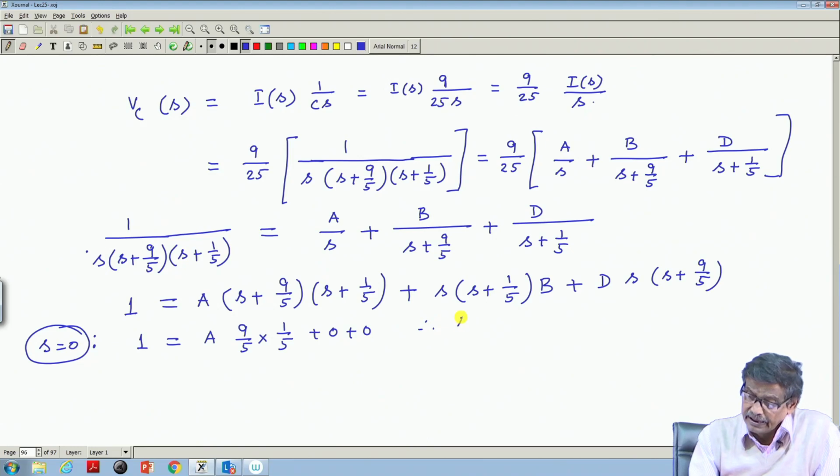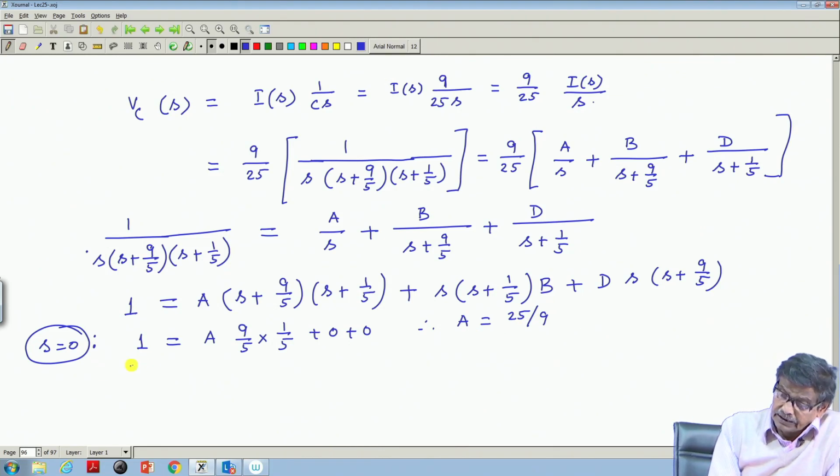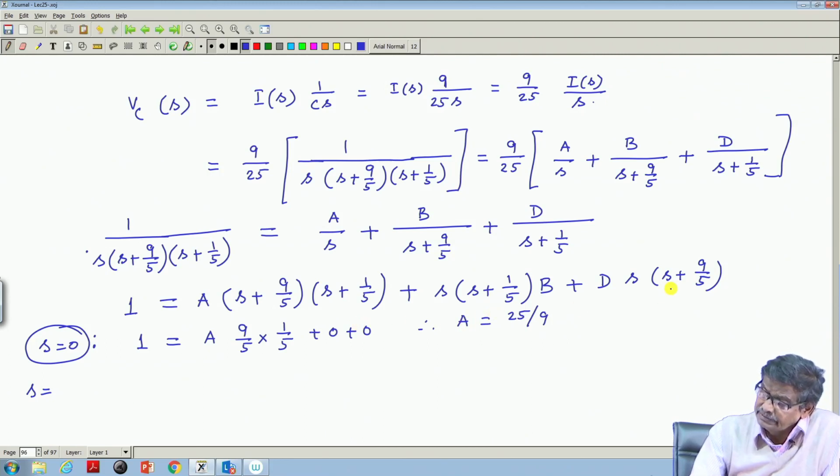Therefore, A will be 25 by 9, that is all. Similarly, the A value is now known, so put S equal to minus 9 by 5.